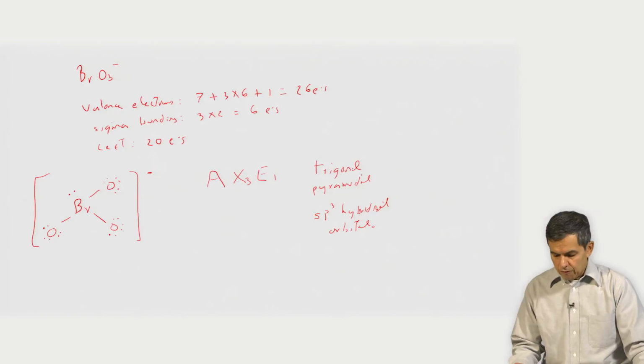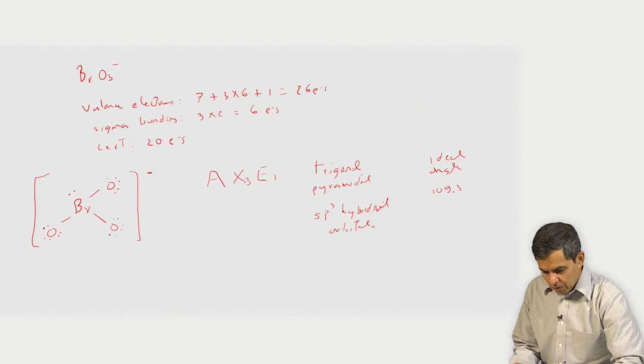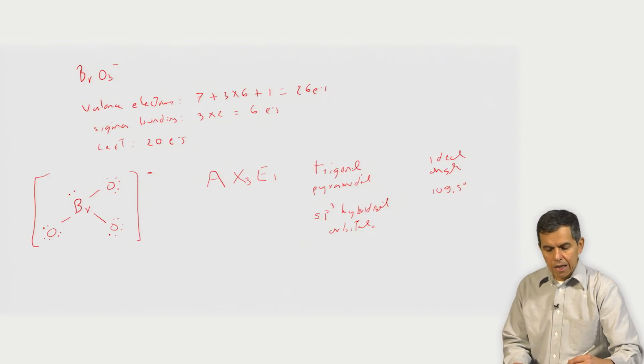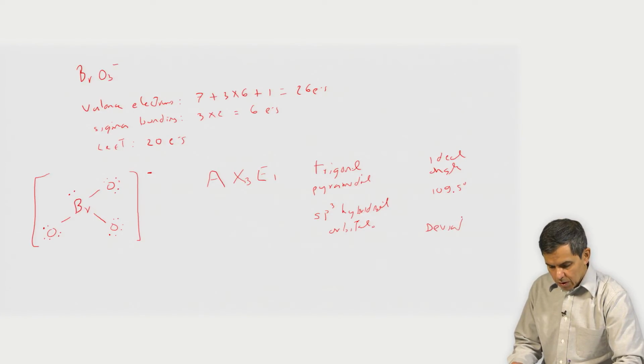So for this type of configuration, we know that the ideal angle should be 109 degrees when all groups are equivalent, but because we have the electron pair repulsion in the E group, the deviations that we predict are going to be that the angles are going to be less than 109.5 degrees.